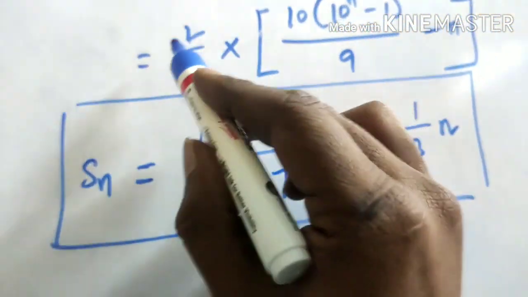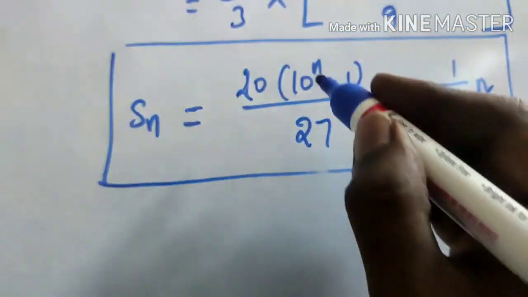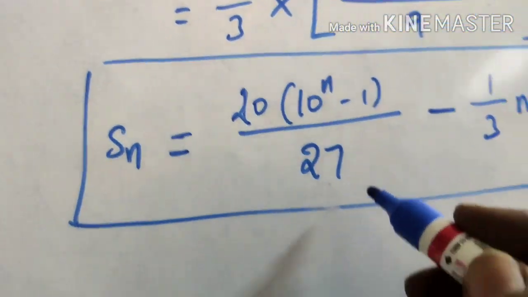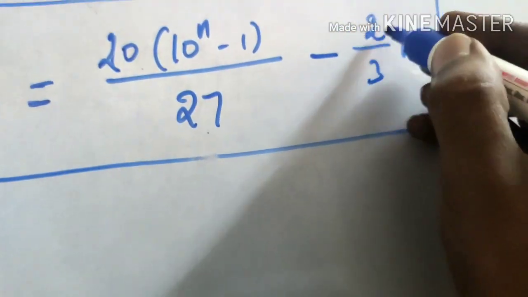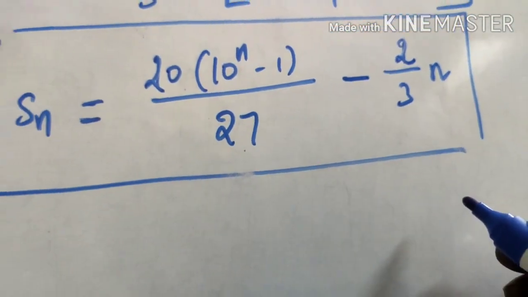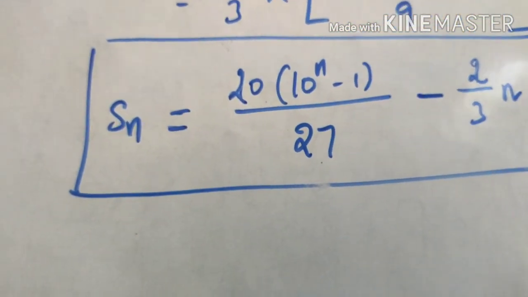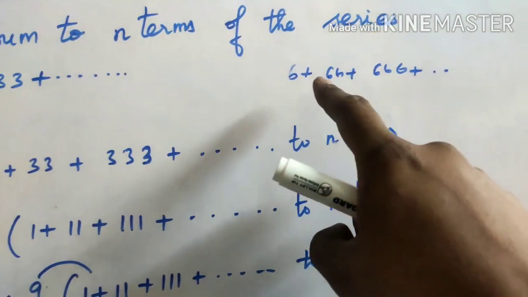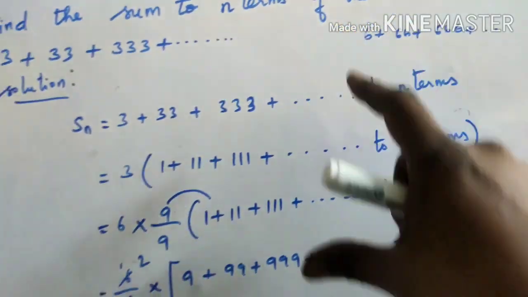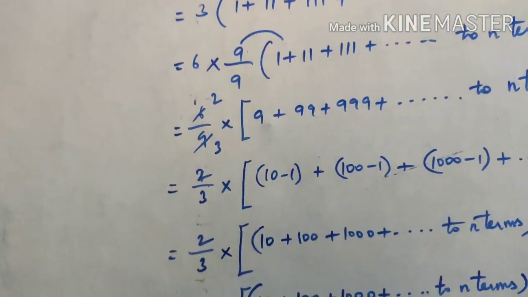See here, 2 into 10, 20 into 10 power n minus 1 by 3 nines are 27, minus 2 by 3 into n, 2 by 3 n. That's all. So for this question, 6 plus 66 plus 666, your answer will be like this.